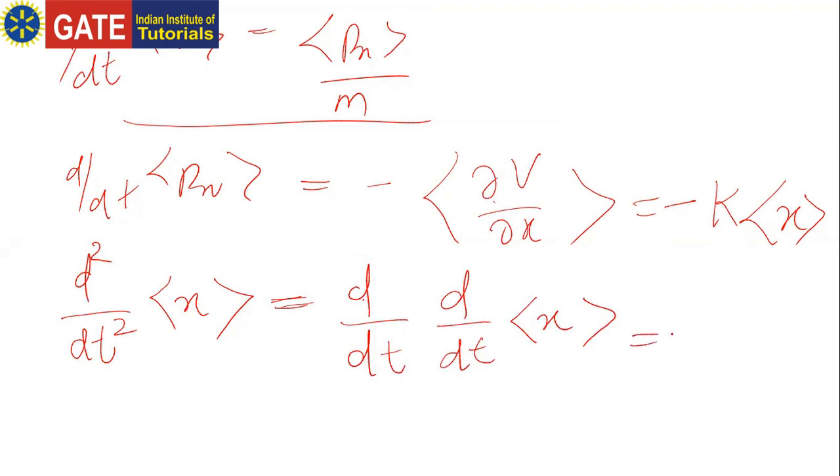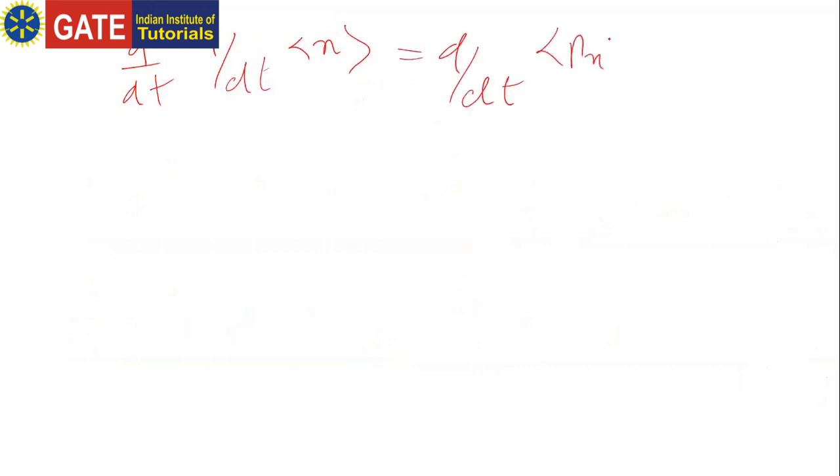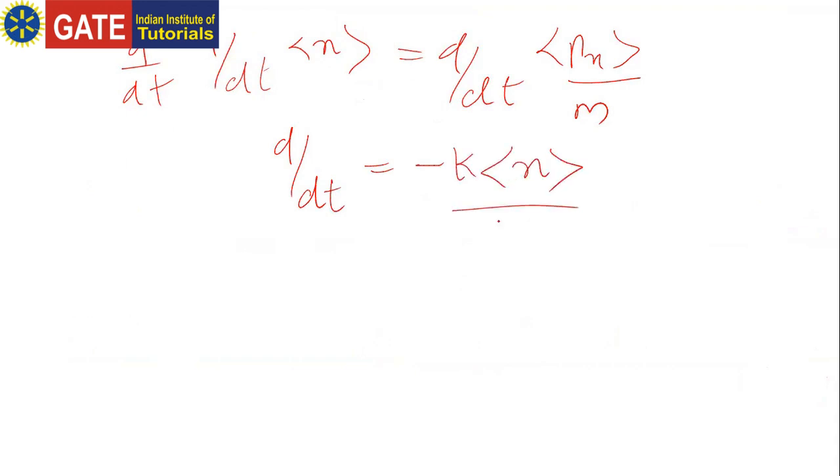Minus k by m expectation x. d by dt of expectation x is px by m. Substitute px value and differentiate. d by dt of expectation x is px by m. What is our px value? Minus k expectation x by m.